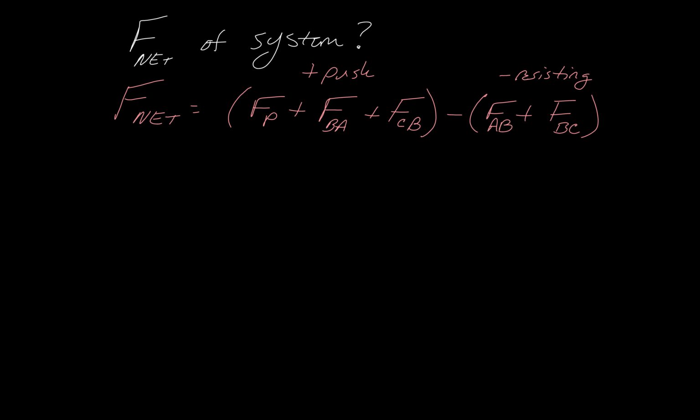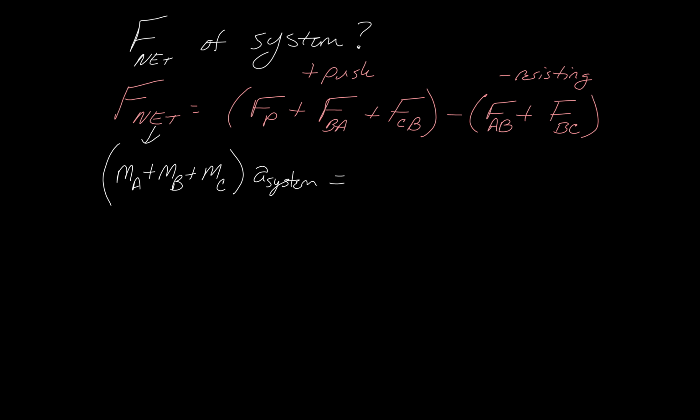Of course, you notice what's going to happen next is that a lot of these forces are going to drop away when we begin making substitutions. F net is just ma, so that's the mass of A plus the mass of B plus the mass of C multiplied by the acceleration of the system.